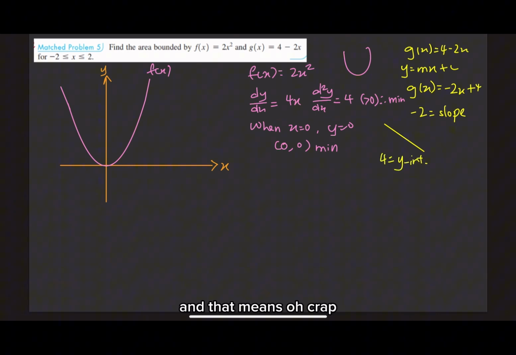And that means our graph will intercept at y equals 4 and slope downwards. So most likely, this is how our graph will be looking like, right?